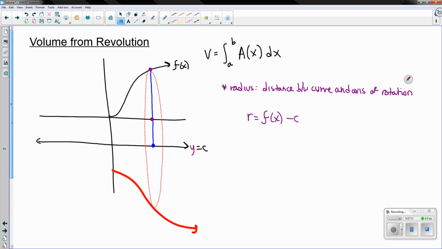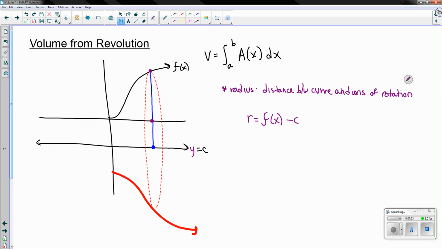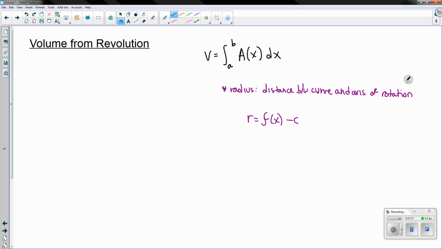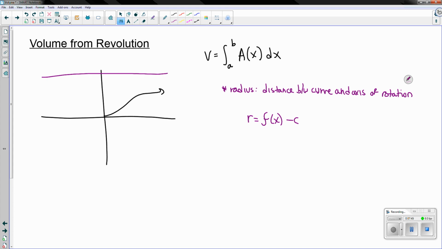And if we had to flip that axis of rotation so that it was above the function curve that's being rotated, let's say we had to rotate around a horizontal line up here of value y equals c, and we have f of x.